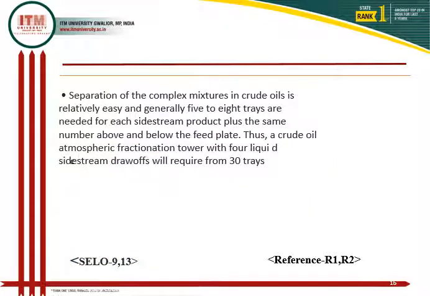The separation of the complex mixtures in the crude oil is relatively easy, and generally 5 to 8 trays are needed for each side stream product, plus the same number above and below the feed plate. Thus, a crude oil atmospheric fractionation tower with 4 liquid side stream draw-offs will require 30 trays.